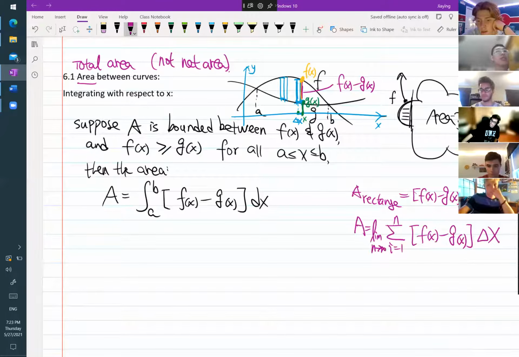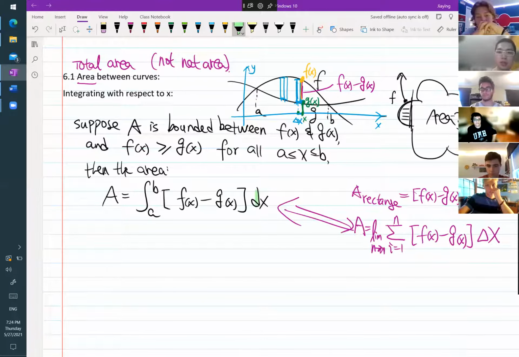If you remember, that's the definition of a Riemann sum. So we have infinitely many rectangles that put together give you the region between the curves. Well, this is really the same thing as this. The dx is what delta x is, and the integral from a to b you can think of as the limit of the summation.